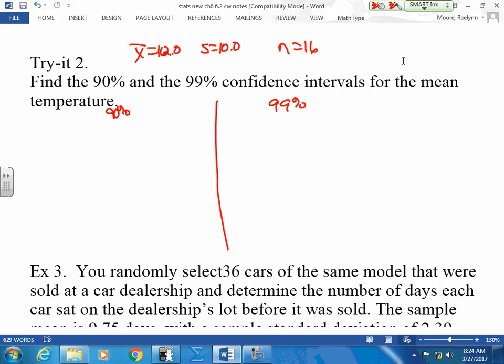So, see if you can do it both ways. Try it with your calculator as well. Your margin of error formula is just about the same, but it's just a TC. She's directing you through the margin of error.